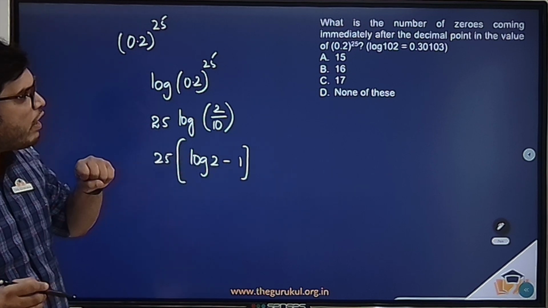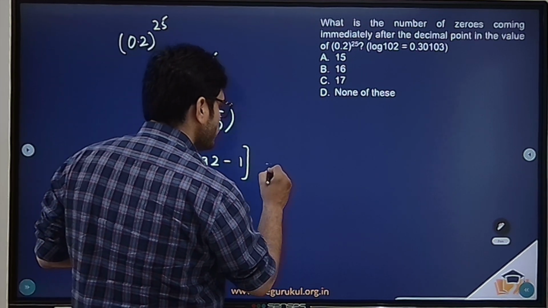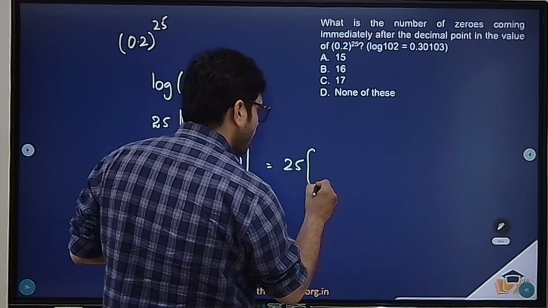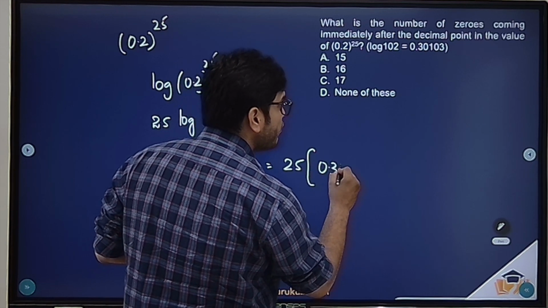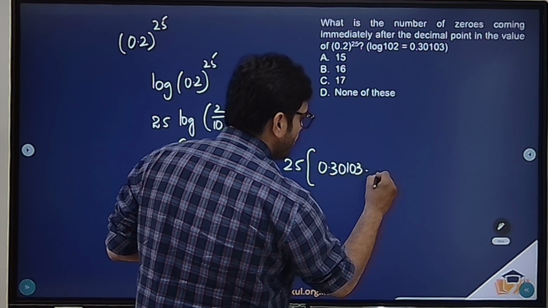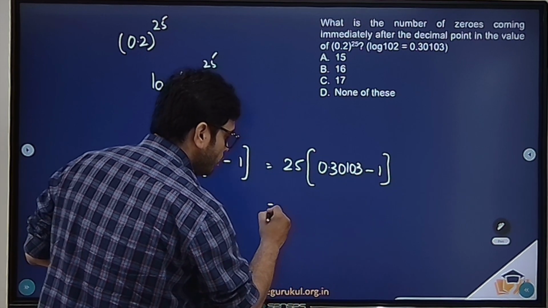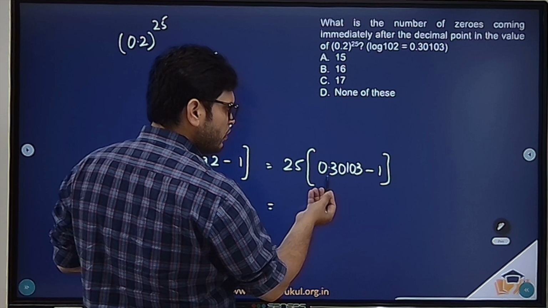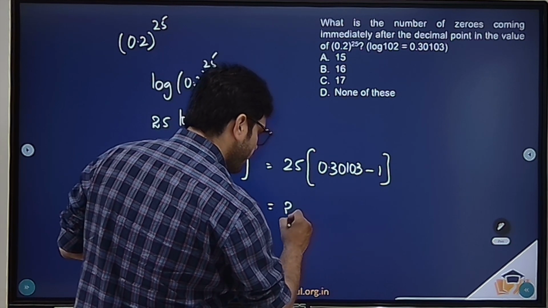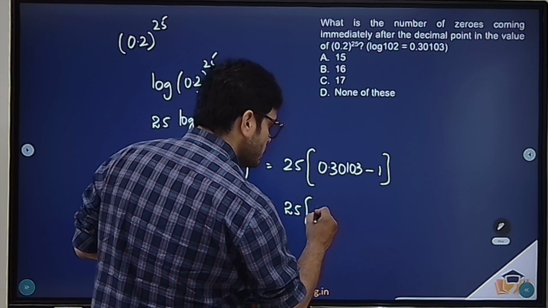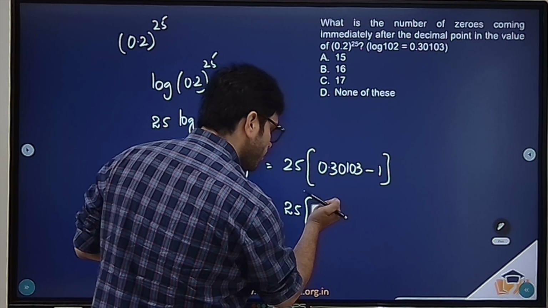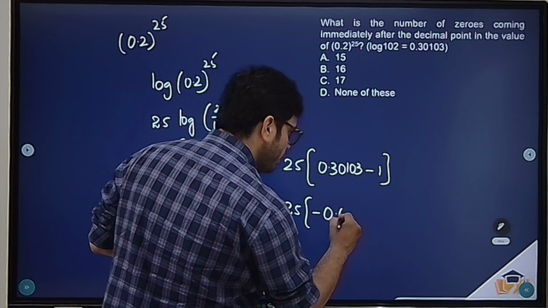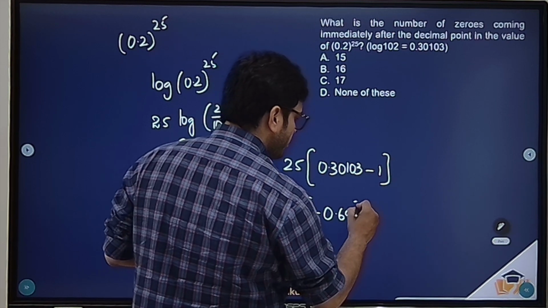Now we are given the value of log 2. So this would be 25 into (0.30103 minus 1). Now this would be 25 into minus 0.69 something.